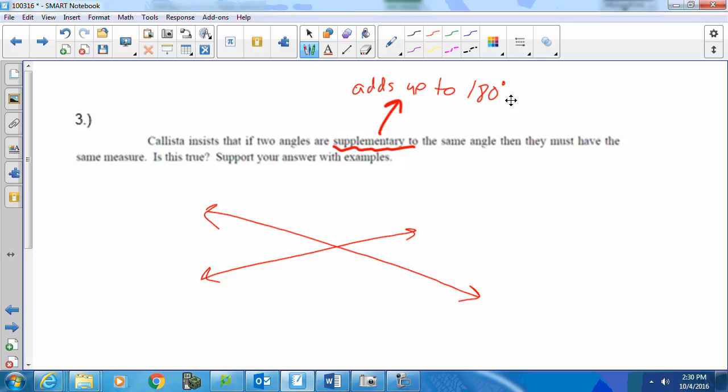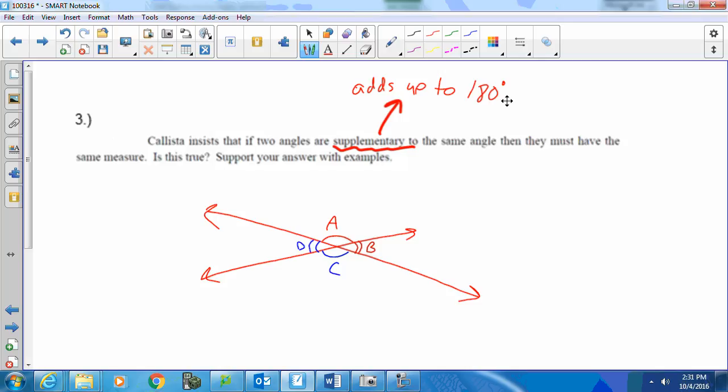And let's call this one angle A. I'm going to call this angle B. I'm going to call this one over here angle C. And I'm going to call this one angle D.